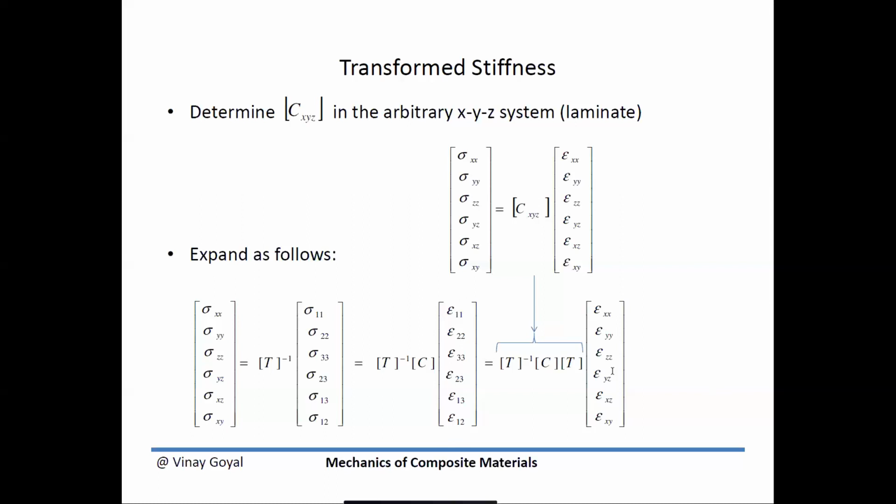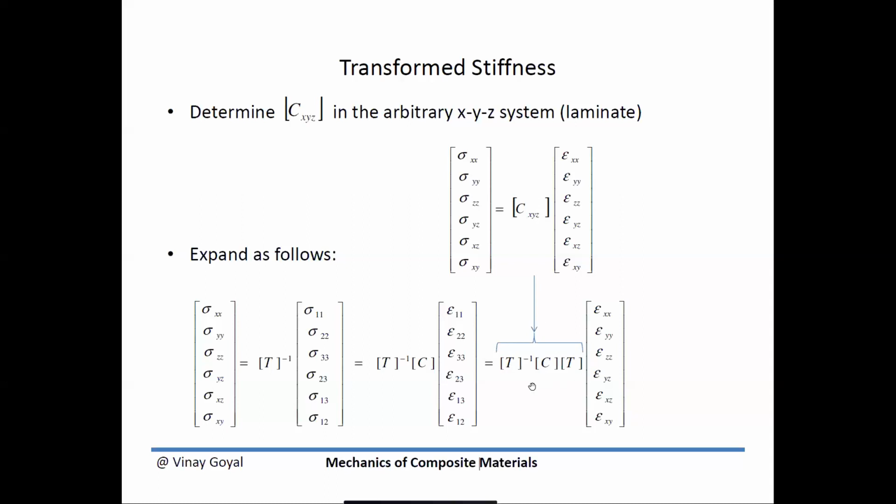And so when I compare this to this, and I compare this to this, what I realized is that this C_XYZ, this constitutive relationship in the laminate coordinate system, is really equal to the inverse of this transformation matrix times C, which is in the lamina coordinate system, times T, the transformation matrix.